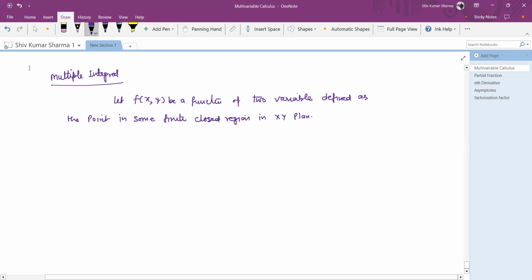In the xy plane, let A be the area of the curve. We subdivide the area into n equal parts.